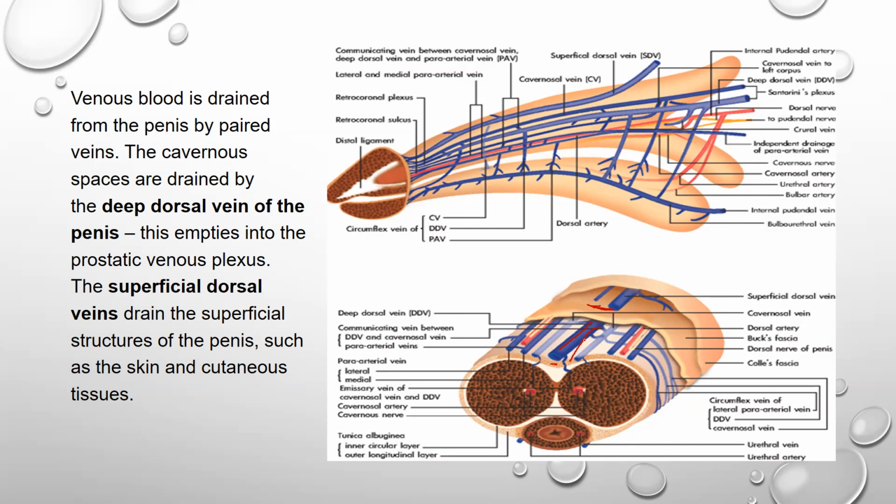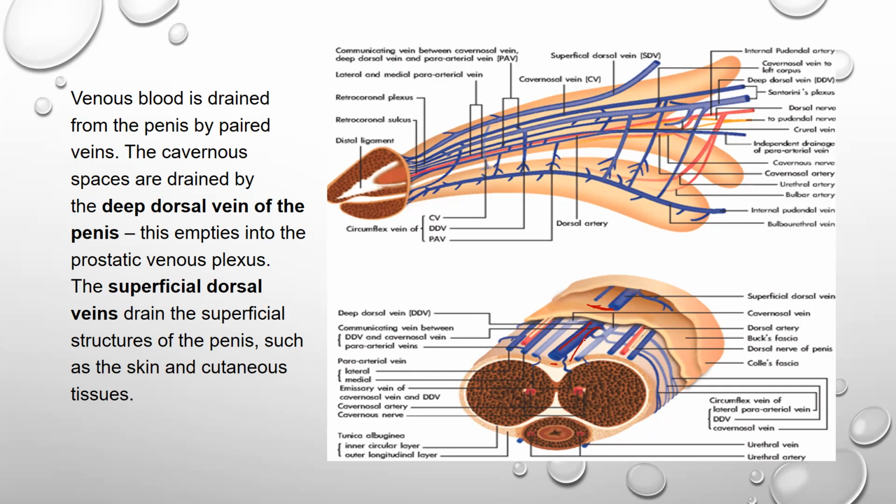So when the corpus cavernosa is filled up, it will extend and put compression over the deeper fascia and the superficial fascia. They are going to press it, isn't it? And because of this filling and pressing, the veins will get compressed.